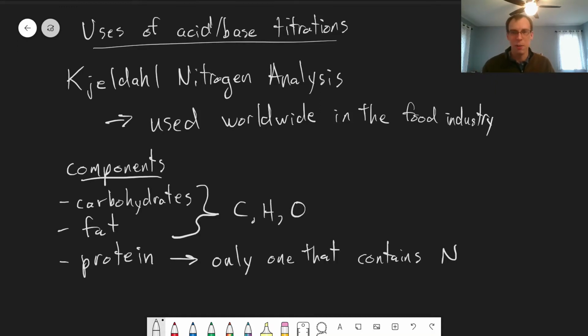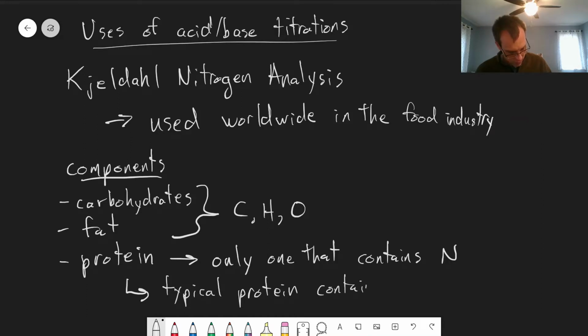Now, of course, protein is not completely composed of nitrogen, so you have to know how much nitrogen a typical protein has in it, and it depends probably on what type of protein you're looking at. But a typical protein has something like 16 weight percent, 16% by weight of nitrogen.